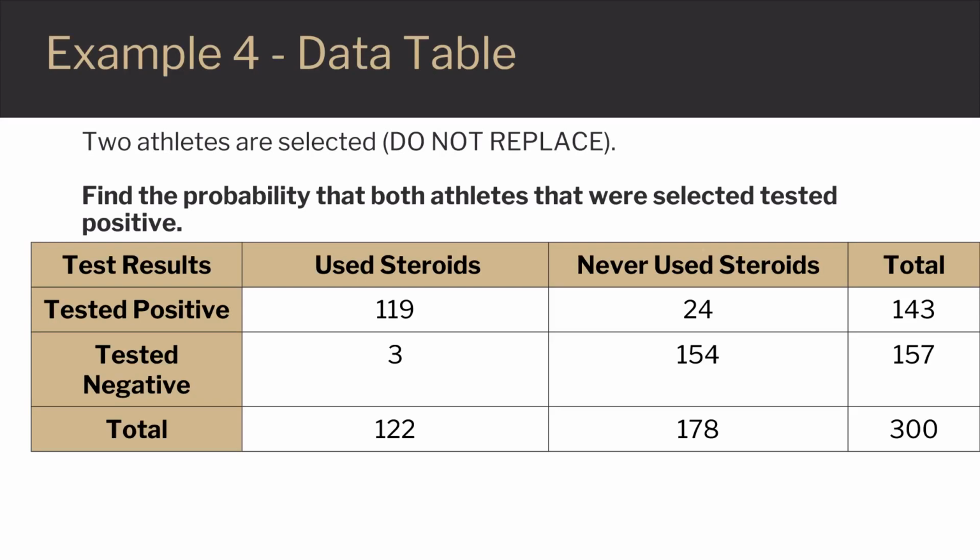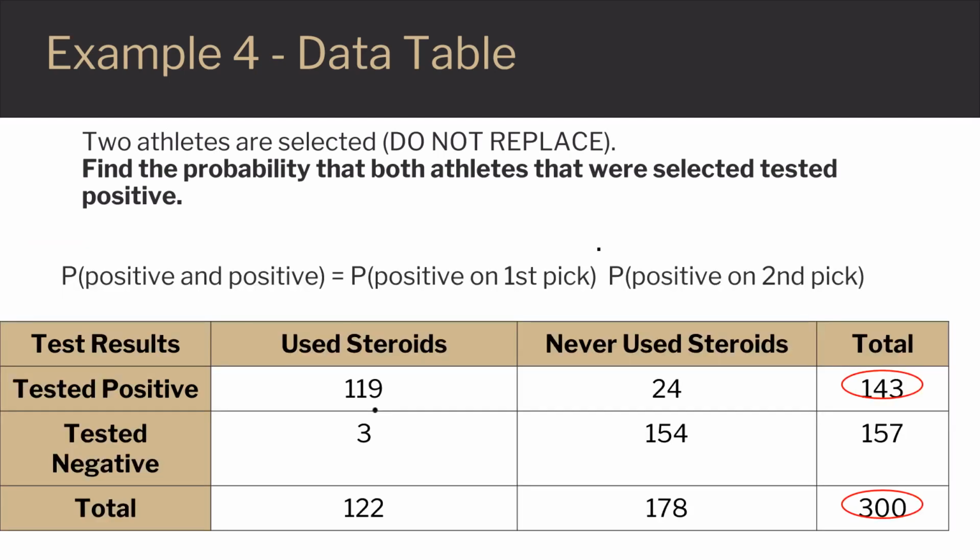We want to find the probability that both athletes that were selected tested positive. Find the probability of the first person testing positive and the second person testing positive. Since we have the AND in the problem, we will multiply the probabilities together.